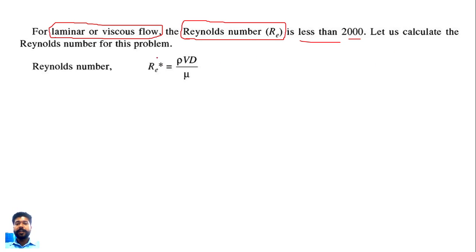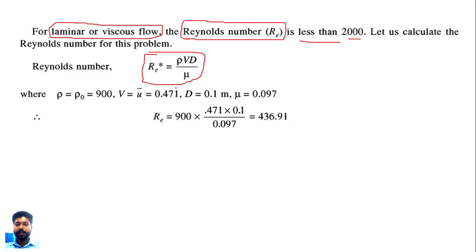So let's find the Reynolds number. The equation is Re equals rho V d by mu, where rho is the density of the fluid, that is 900, V is the velocity, which means u bar, which we had already found at the end of the previous slide, 0.471 meter per second, d is your diameter, and mu is your viscosity.